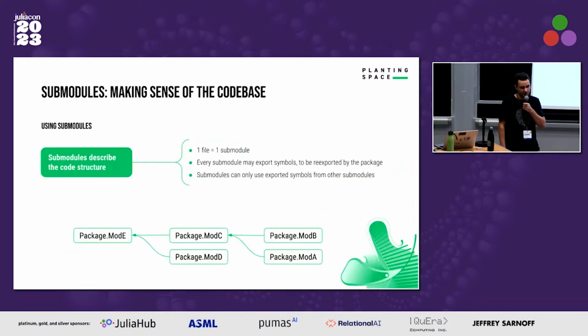So now, as we use this approach with a monorepo and one main package, we do need to make sense of the code. We have so much code that no single developer has knowledge of everything that is in there. So we need to structure our code a bit.